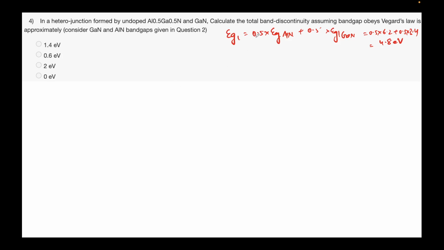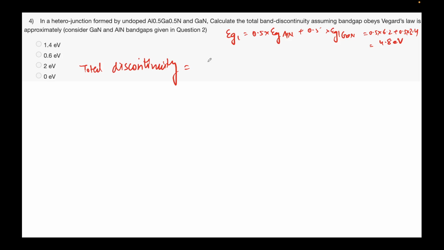Okay, so next, first of all, you can clearly see there is a very simple way of saying that the total band discontinuity is straightforward.